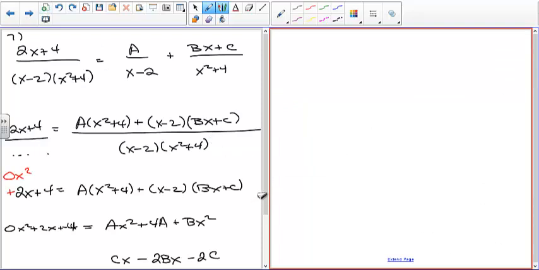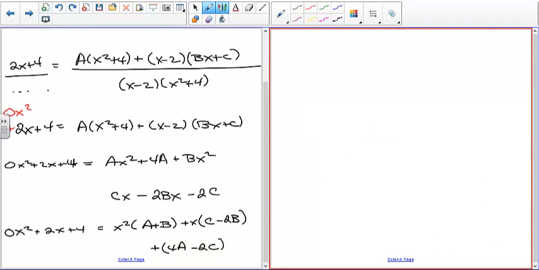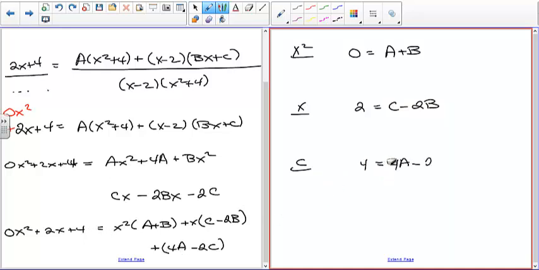So that's all algebra. Then we can write out what we have: the x squared part, the x part, the constant part. On the left-hand side we have 0x squared, and on the right-hand side we have a plus b. For x we have 2x, which is equal to c minus 2b. And then we have the constant 4 on the left-hand side and 4a minus 2c.